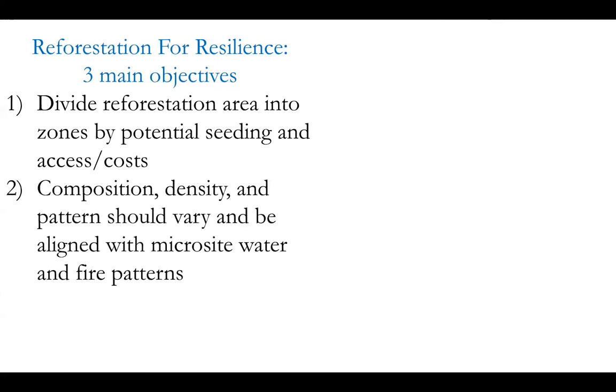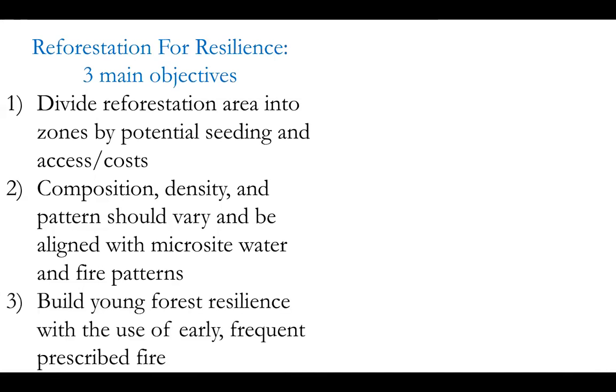Secondly, in areas where we decide planting is warranted, composition, density, and spatial pattern should vary, and to the extent possible should be aligned with microsite water and fire patterns. So harkening back to that previous slide where we looked at a schematic of landscape diversity, we try to recognize what the forest will eventually look like and get it started in that direction from our planting patterns.